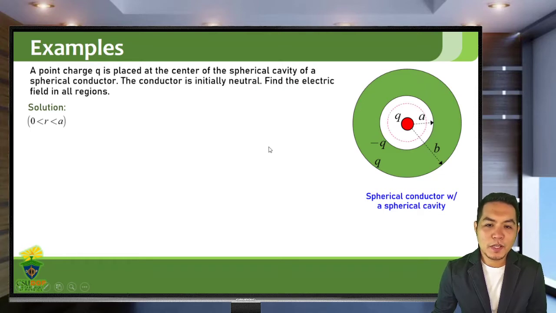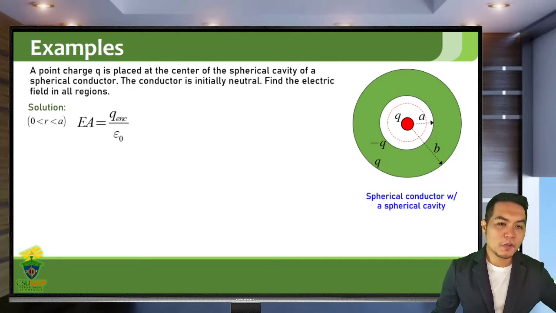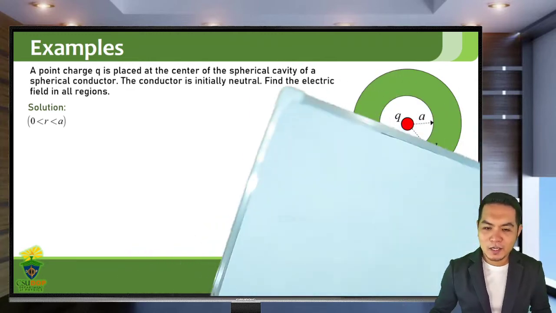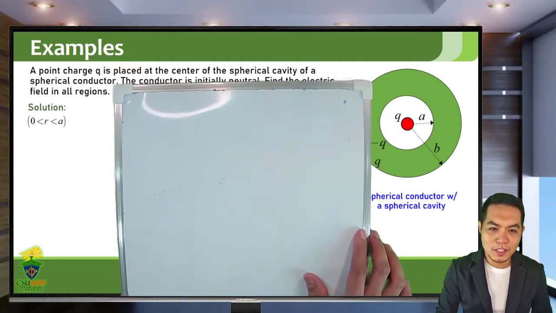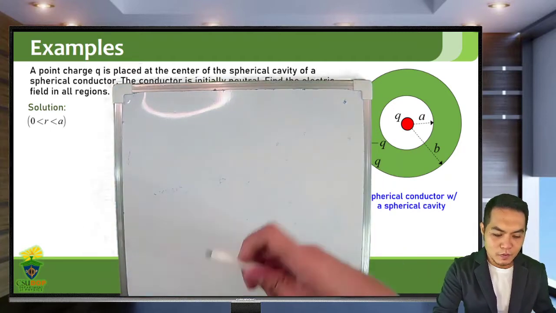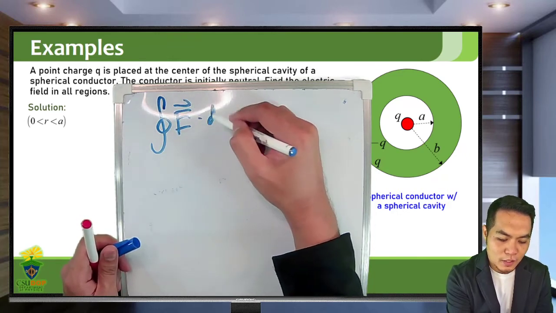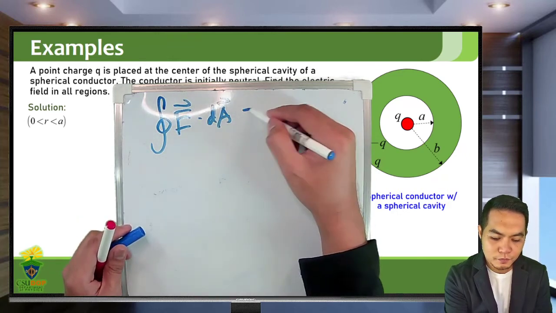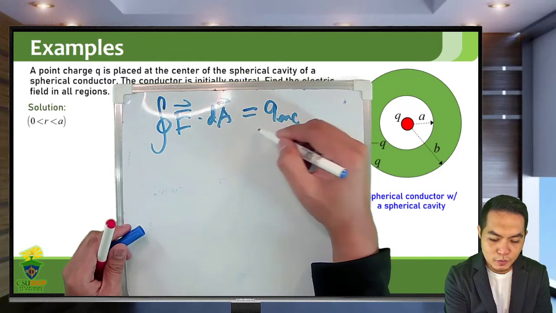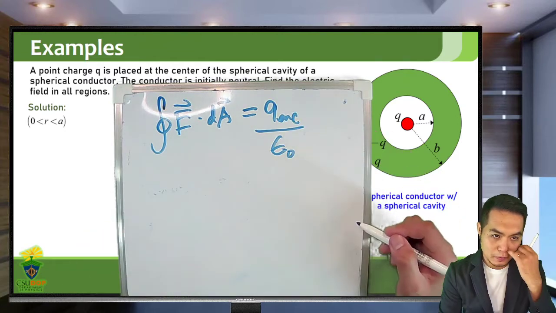From 0 to A, we just use Gauss's law. When we make a Gaussian surface, our Gaussian surface is spherical. Gauss's law is originally an integral: the closed integral of E dot dA is equal to the charge enclosed over epsilon naught.